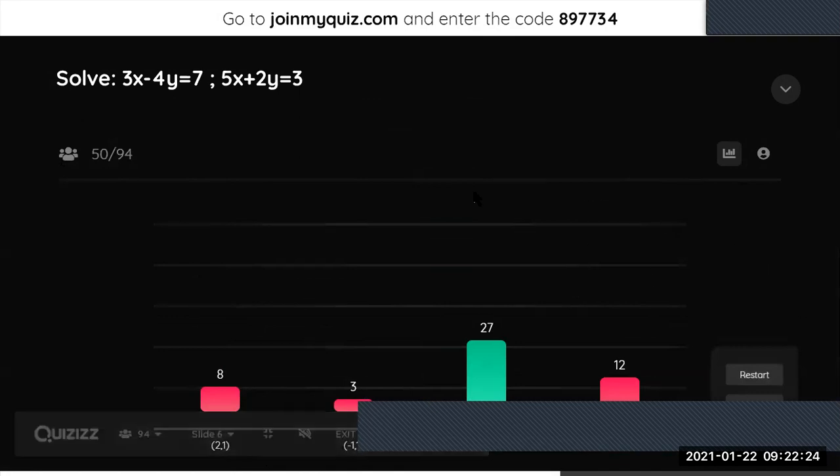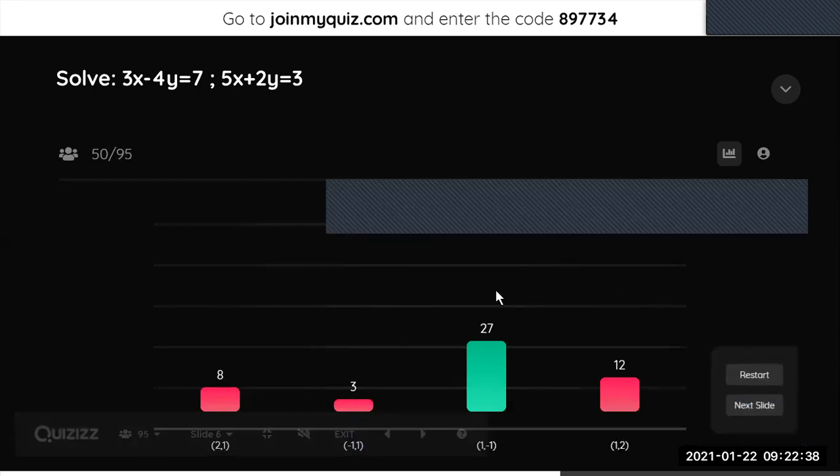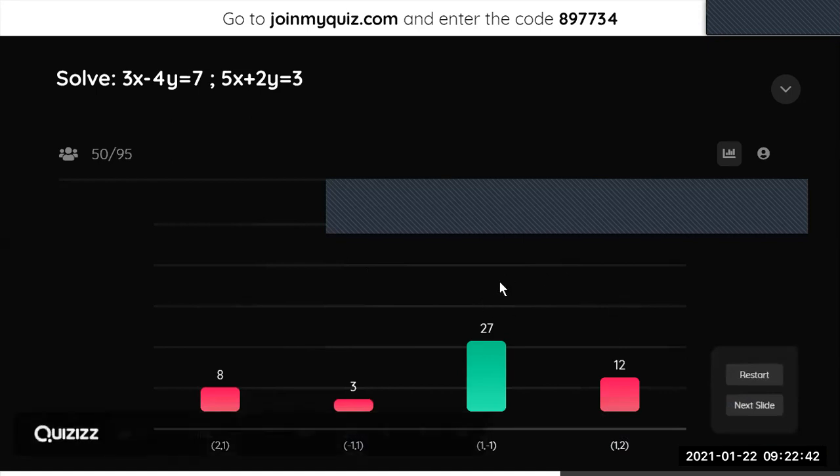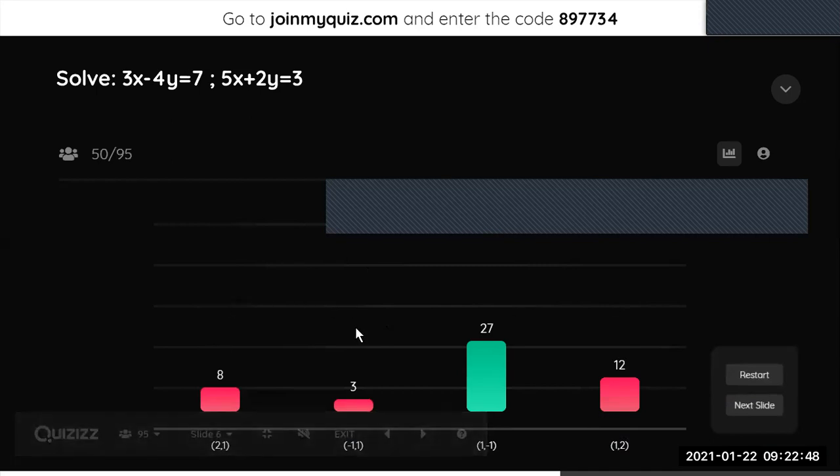The 8 students who entered the first option, your x was 2, so it was not correct. The second one has x equals minus 1, so this was also not correct. And the fourth one, x is 1, and here also x is 1, so you just had to select from these two. The first two are already wrong because x is different there, right?